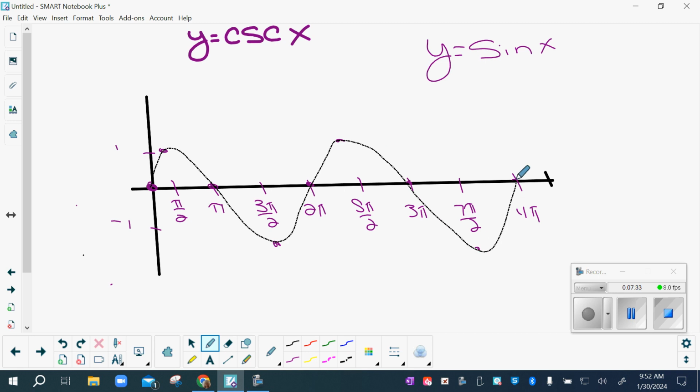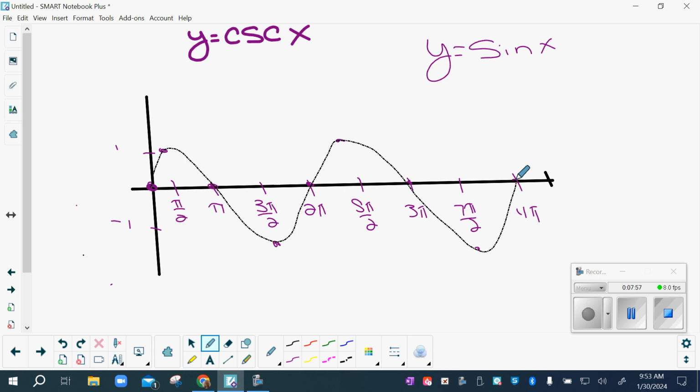Okay. That's sine. Now, here's what's cool. Cosecant is kind of, imagine that we're going to the upside down world in Stranger Things, right? It's kind of the inverse of everything. So the first thing is, wherever sine hits 0, now is an asymptote, because it is flipped into the upside down world.